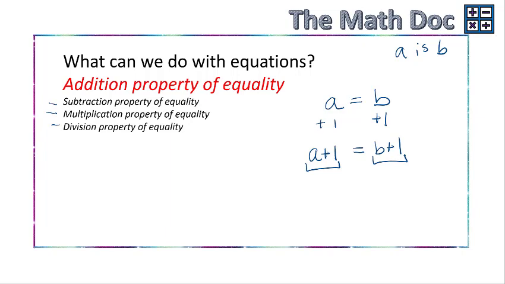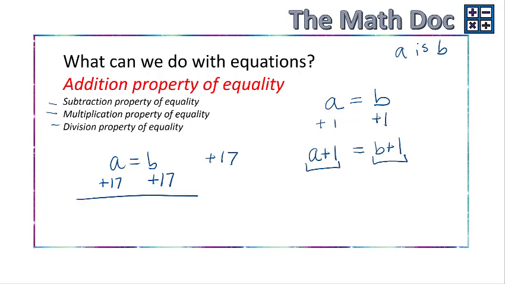So this is a really important property, and that is if I want to add something to an equality, I have to add the same thing to both sides of the equality. I can also add 17, right? I can say A equals B, and now I'm going to add 17 to both sides. So plus 17 and plus 17.